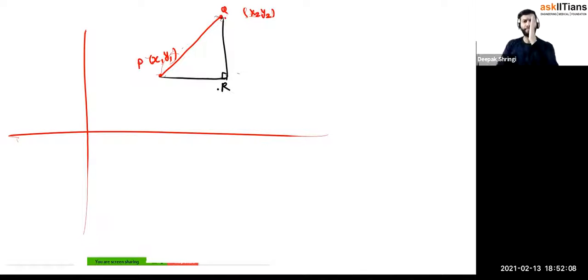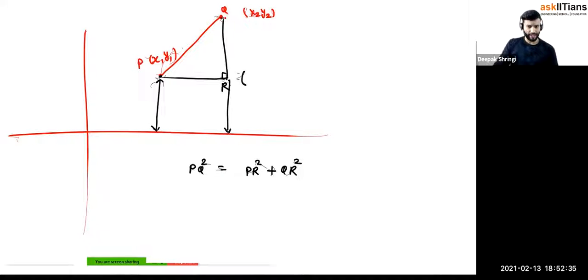Now please pay attention, this is really important for us. We need to find PQ. Everyone knows that PQ square would be equal to PR square plus QR square, by the Pythagoras theorem, because it's a right angle triangle. For point P and point R, the distance of point P from the x-axis and the distance of point R from the x-axis is the same.